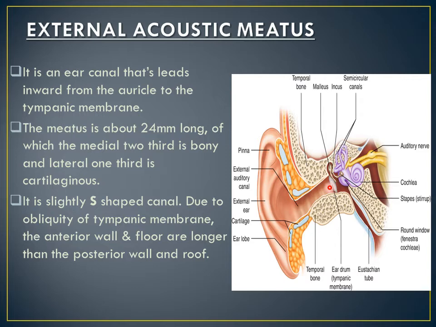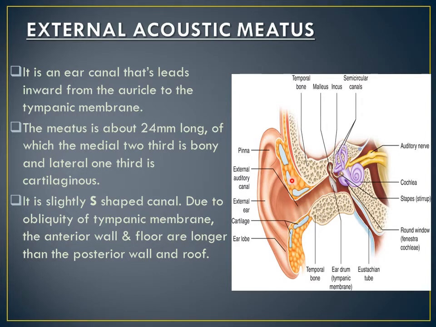Its length is 24 millimeters, out of which the medial two-thirds, or 16 millimeters, is bony. Here you can see the bone forming the medial two-thirds of the external auditory meatus, while its lateral one-third, or 8 millimeters, is cartilaginous.